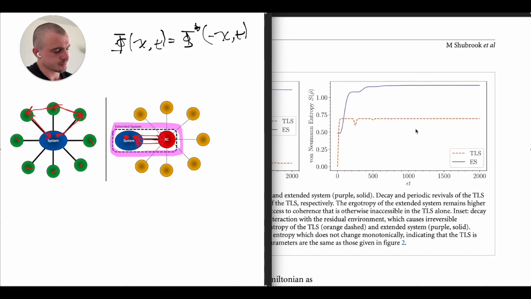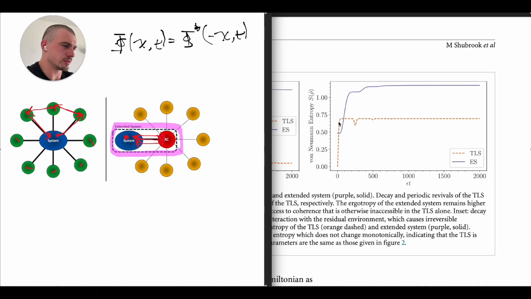And again, this argument is further backed up, maybe not in the most satisfying way compared to the ergotropy, because comparing von Neumann entropy with thermodynamic entropy is, well, it's not as straightforward as it might sound. So we look at the von Neumann entropy of our two-level system and our extended system states, and what do we see?